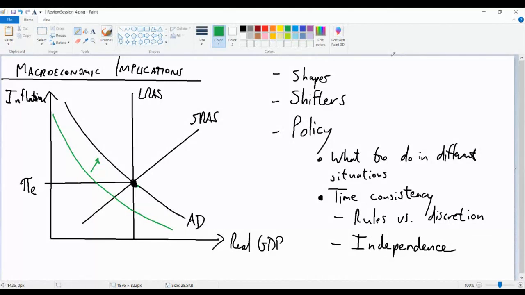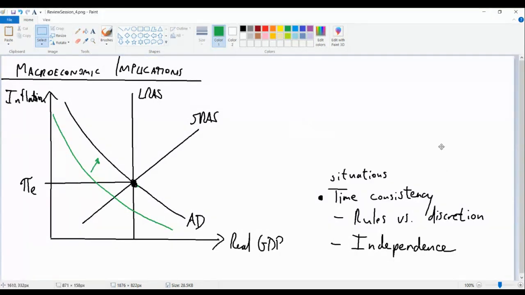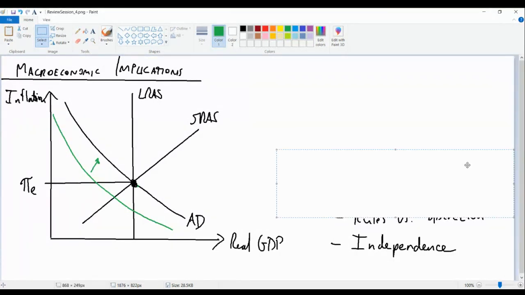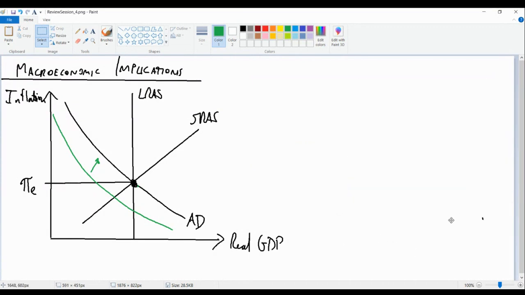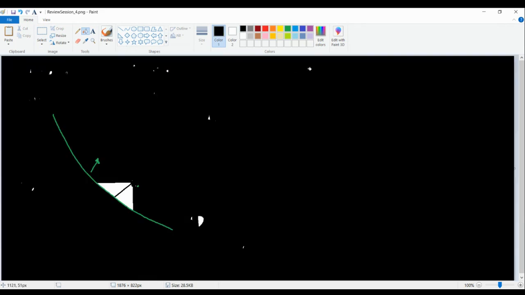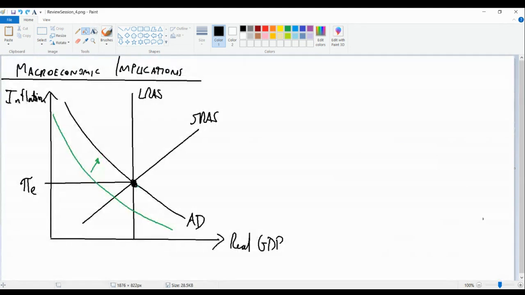So let's do this. Let me write out what the situation is. Negative demand shock.